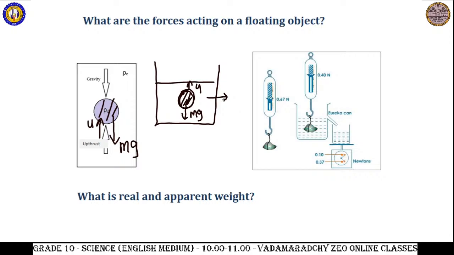So the resultant force acting at this point is zero. So we can say at that point mg is equal to upthrust.